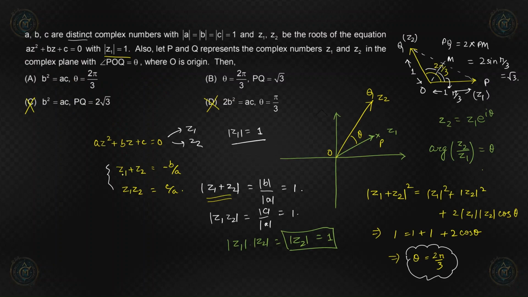So if we check this information again, Z1 plus Z2 equal to minus B by A. So we get minus B by A equal to Z1 plus Z2. That means Z1 into 1 plus omega, right? So 1 plus omega is equal to minus omega square. That means we can write this as minus Z1 omega square, right? So B by A will be Z1 omega square, right?